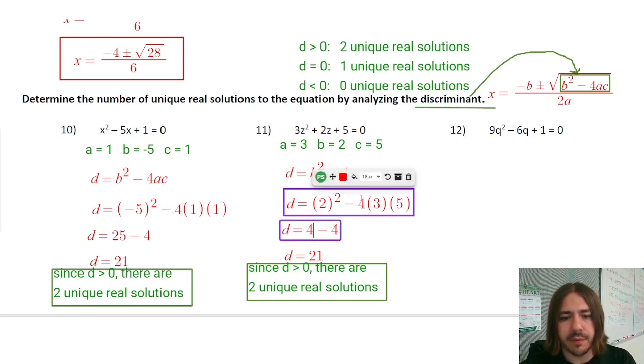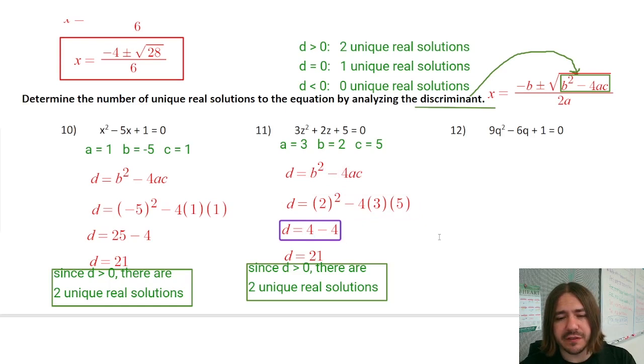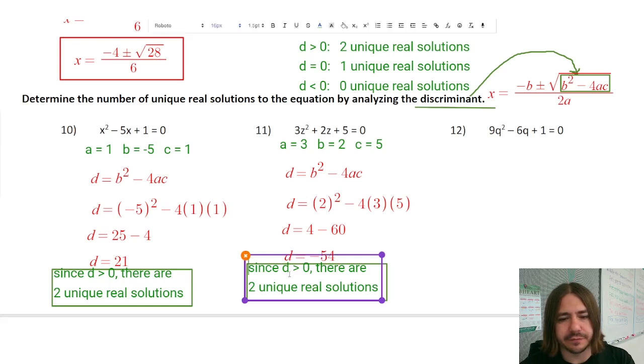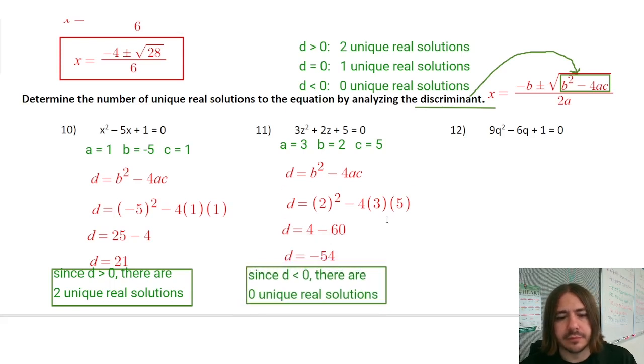So 4 minus 12 times 5 is 60, so that's going to be a negative 56. So since that number is negative, there are 0 real solutions, right? Can't take the square root of a negative number and end up with a real number.